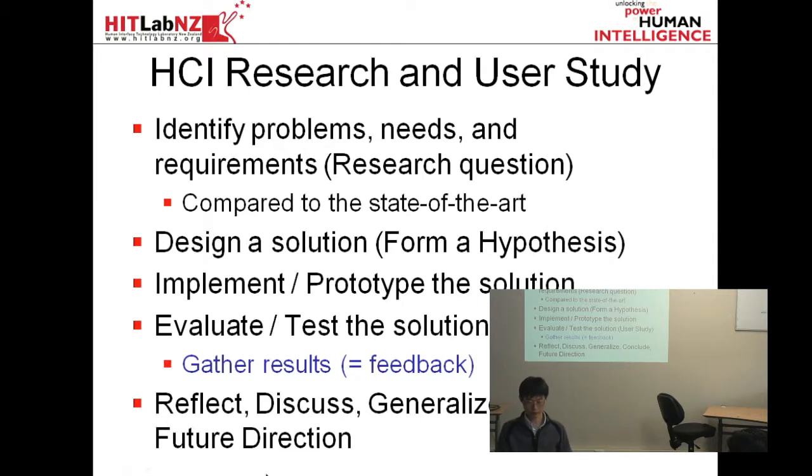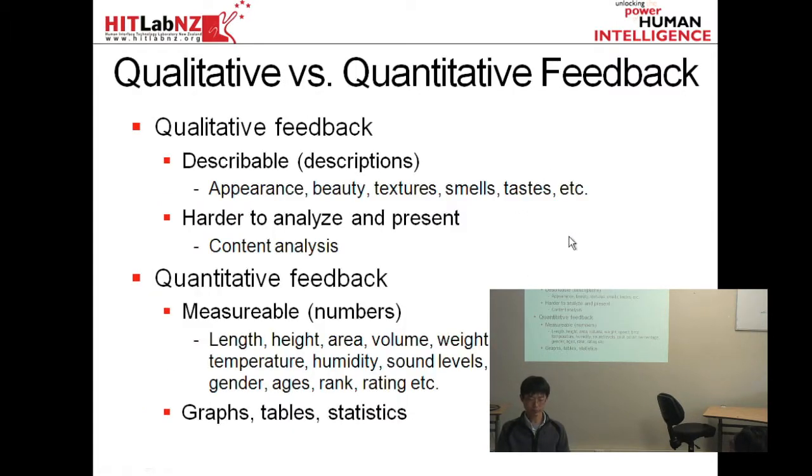But today I would like to talk a little bit more about the type of feedback we gather after doing this research study. There are different ways to categorize the feedback, and one typical way is to categorize them into qualitative and quantitative feedback. Qualitative feedback means it's describable in words or sentences.